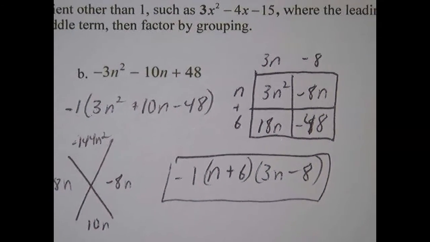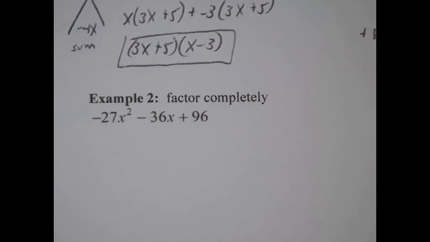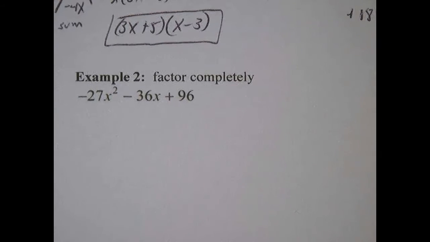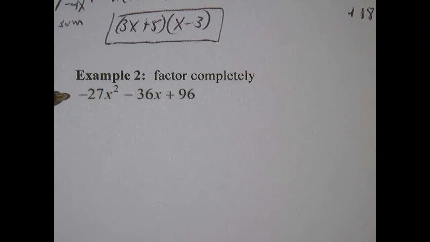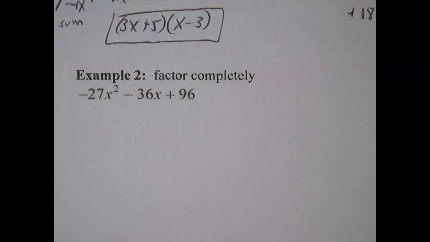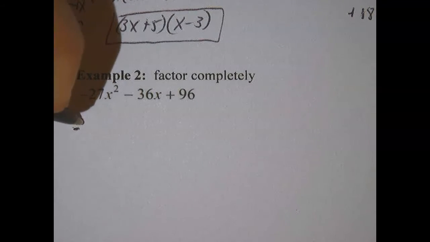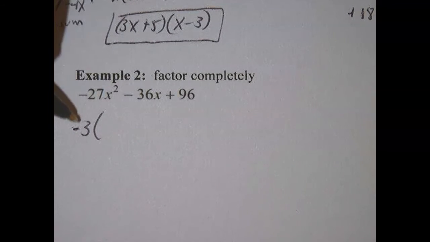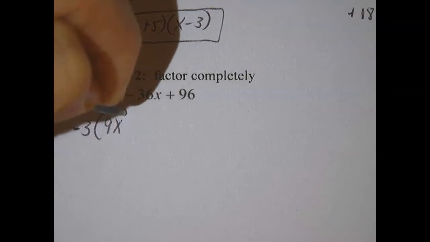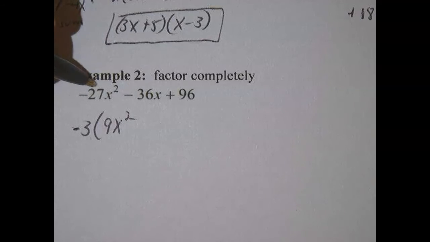All right, let's look at one more that we're going to use the same method for. This time we're going to factor, but there's more than just a negative 1 that we can take out. We can take out a negative 3. I'm taking out a negative 3 because I like that first term to be positive whenever I factor. So negative 3 times 9x squared will give me negative 27x squared.